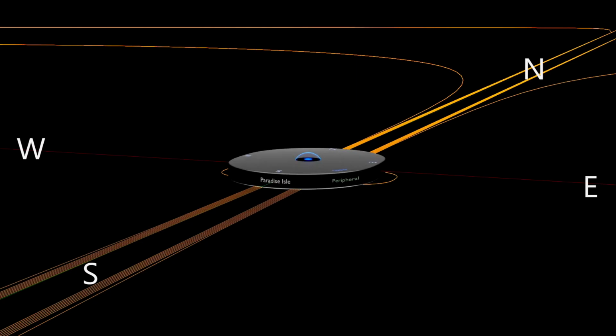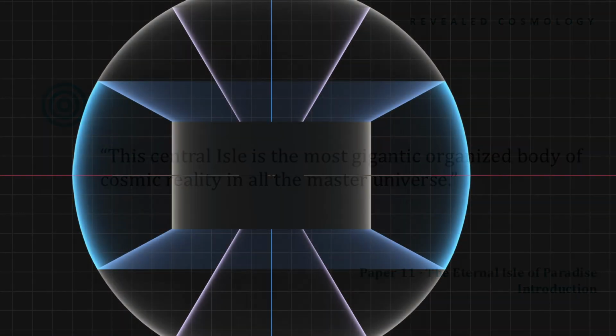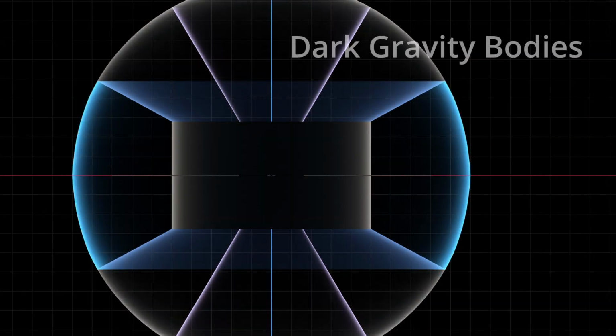The papers also identify where the preponderance of mass in the cosmos resides. This central isle is the most gigantic organized body of cosmic reality in all the master universe. Surrounding Havona, the central universe of 1 billion perfect spheres, are the dark gravity bodies, named in the papers for their gravitational character.